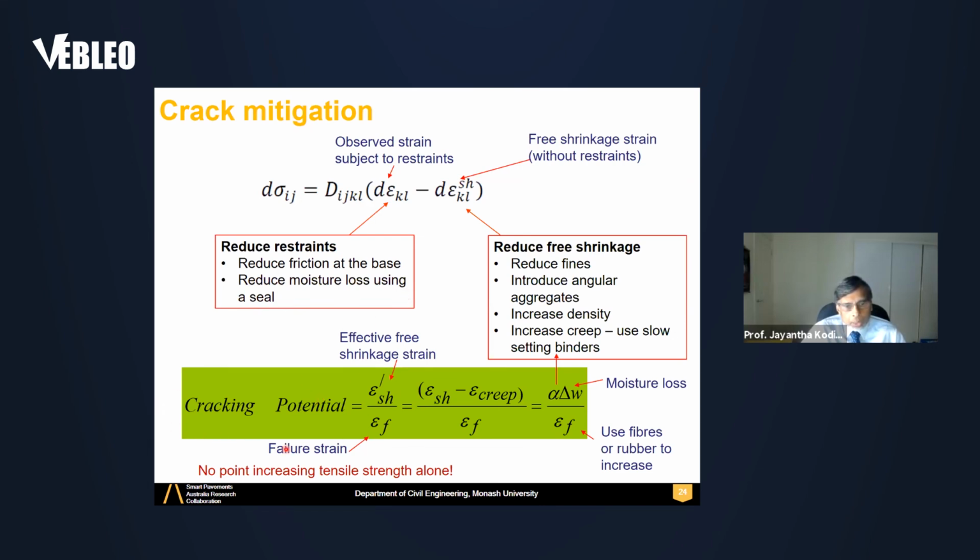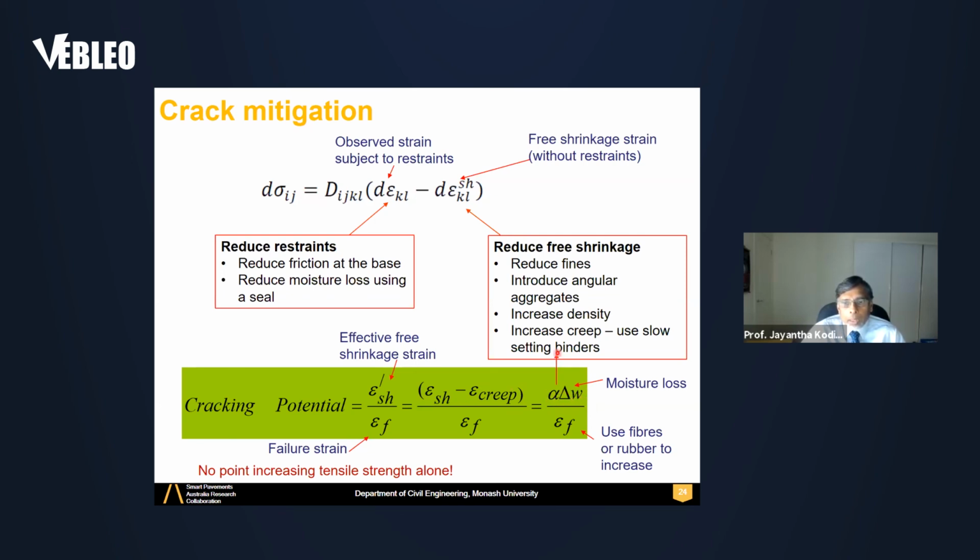So cracking potential can be given by this equation. You have effective shrinkage divided by failure strain. Effective shrinkage is epsilon shrinkage minus creep shrinkage, together, and the failure strain. Here you can see alpha delta W can be taken as the moisture content change, moisture loss.